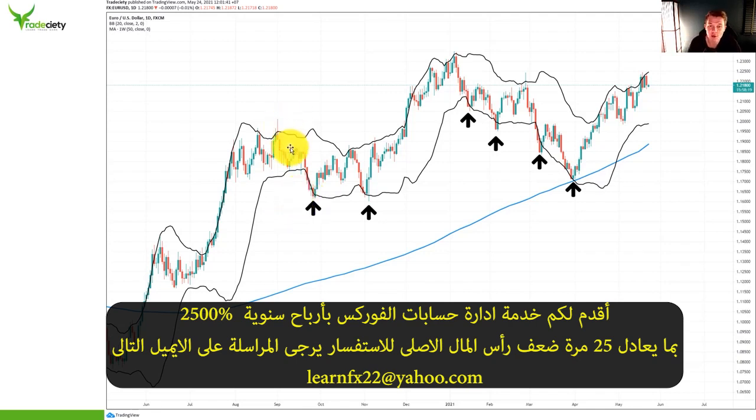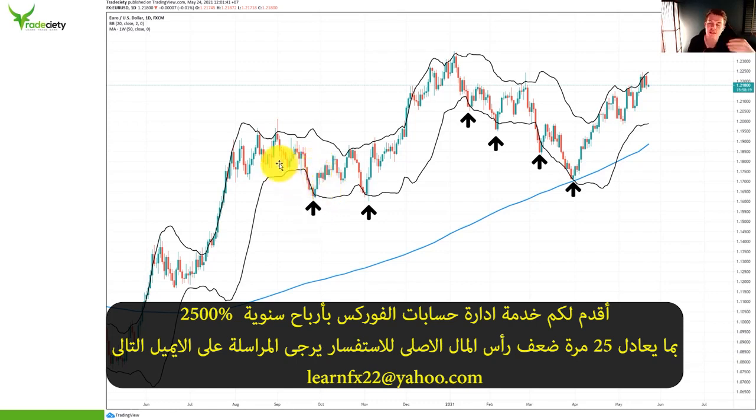Then second, the Bollinger Bands help us to time pullbacks. So we want to trade long and we want to trade for the lowest possible price, because obviously if you want to buy, you want to wait until the price is at its lowest. That is the best opportunity and the best time to buy. And we are using the Bollinger Bands and we're waiting for the price to get outside of the Bollinger Bands.